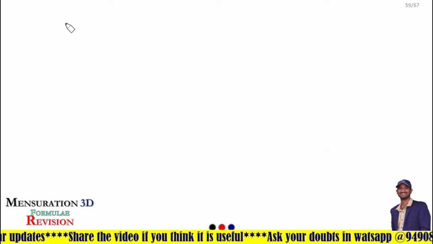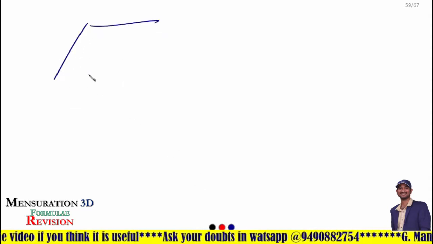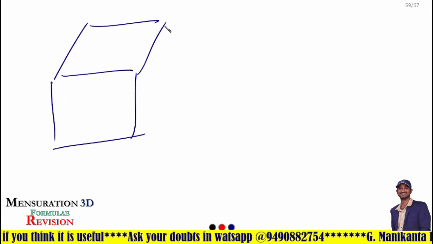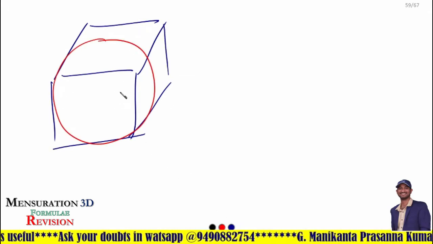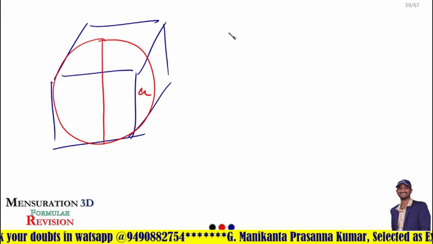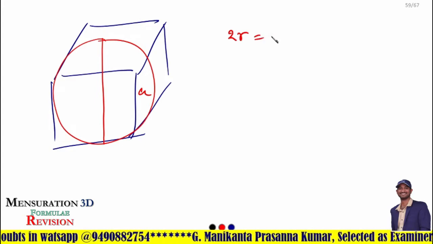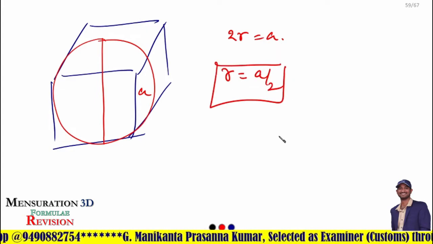Next, coming to inscribing figures in spheres. Sphere inscribed in a cube. If a sphere is inscribed in a cube, then the diameter of the sphere is equal to the edge length of the cube, 2r equals a. Then what is the radius of the sphere? a by 2.